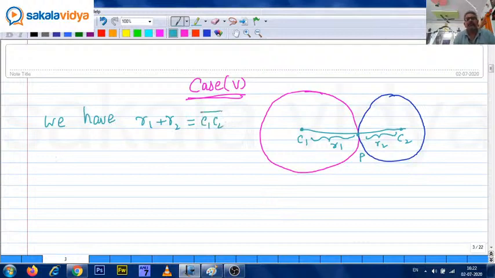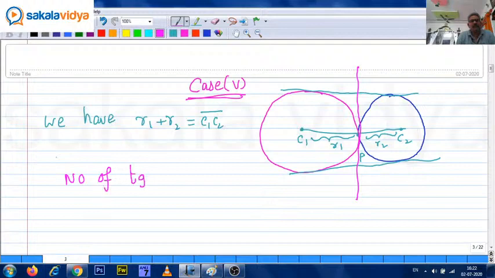Therefore, how many tangents? One direct, another also direct, and one more common tangent we can find. The total number of tangents is 3.